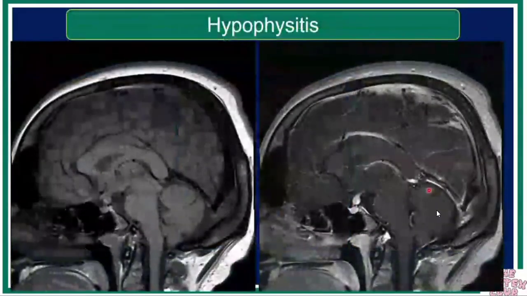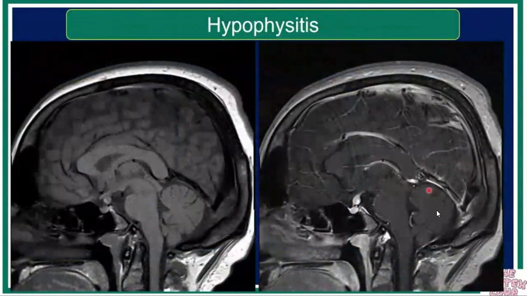Then hypophysitis is another thing that we can see in the pituitary. In adults, there can be symptoms of diabetes insipidus. And again, when we have inflammation of the pituitary gland, whether it's autoimmune, whether it's related to neurosarcoid, whether it's related to some kind of drug intake, in these cases, again, there would be loss of the posterior sellar bright spot.